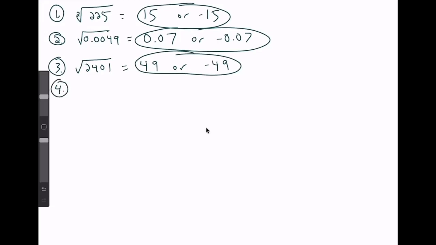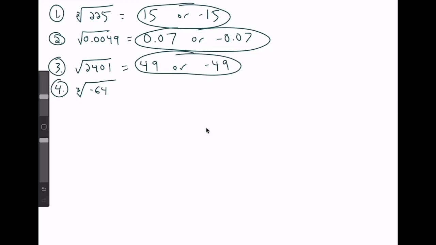Number 4 says find all the real cube roots of each number. So now the index out in front is no longer 2. Now you have to draw that 3 out in front. The cube root of negative 64. Now remember, on the last page that I drew out, I said if the index is odd, how many answers should I have? 1.